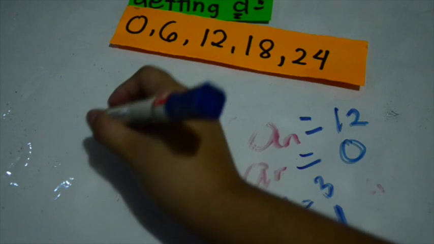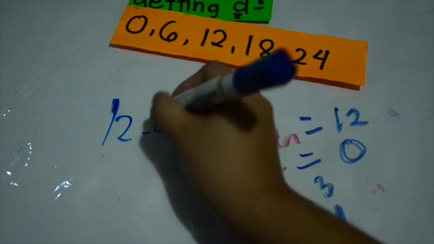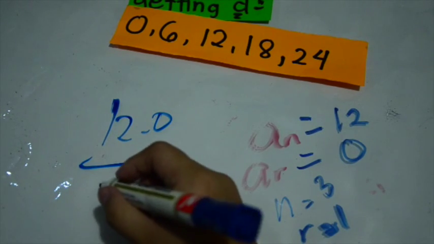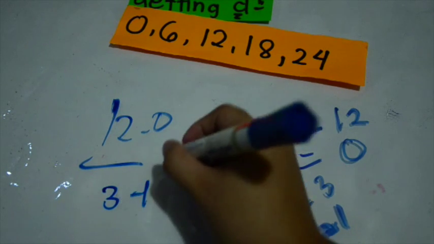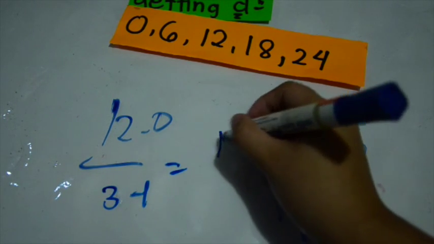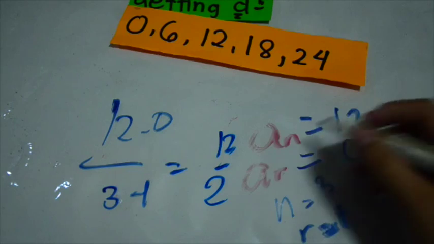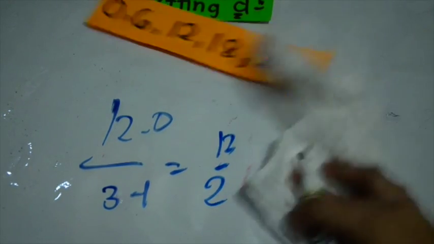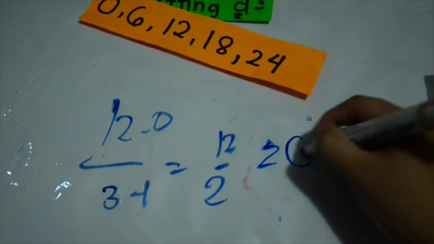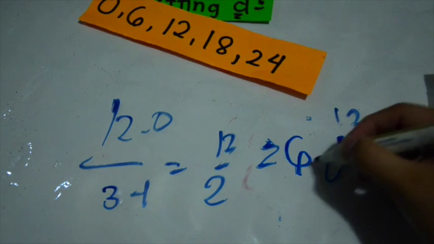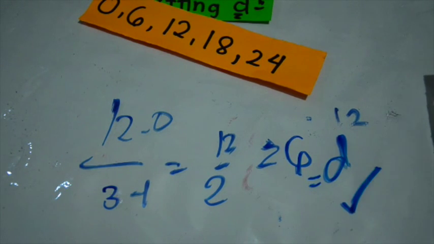Substituting, you get 12 minus 0 all over 3 minus 1, equal to 12 over 2, which is equal to 6. So this is the common difference.